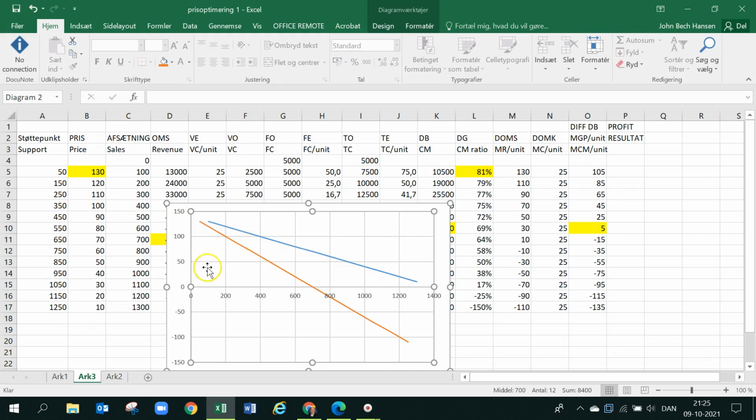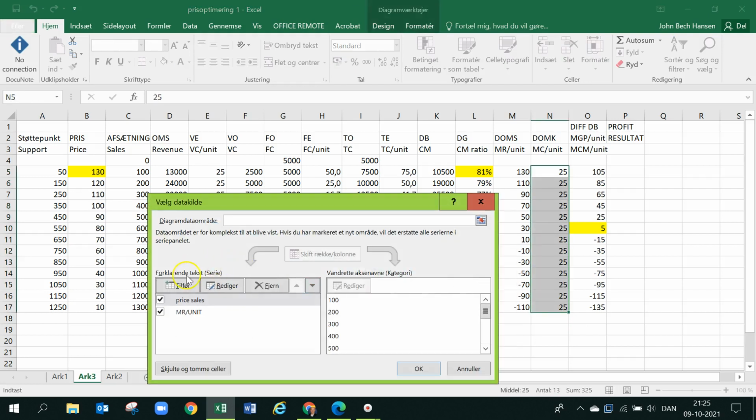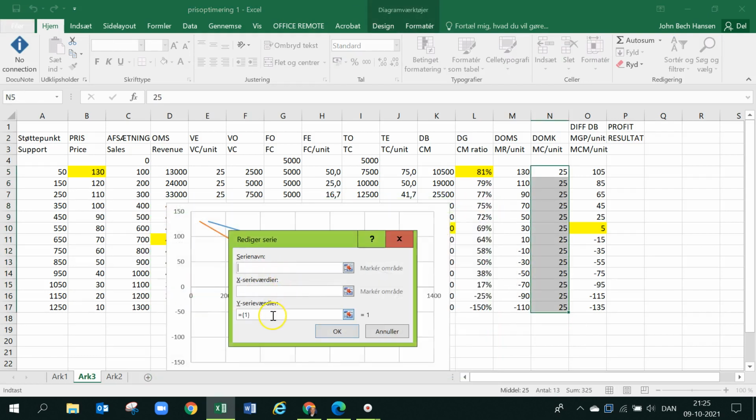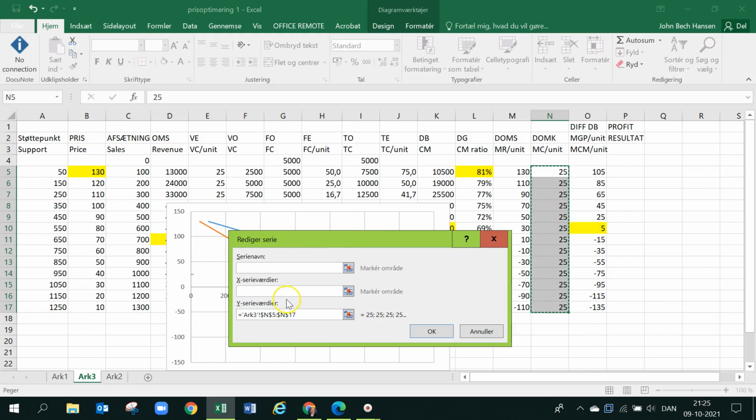So now I only need to find the marginal cost. And again, I can just add, and I will take the values over here, put them in as y values, and again, the x values, take them here.